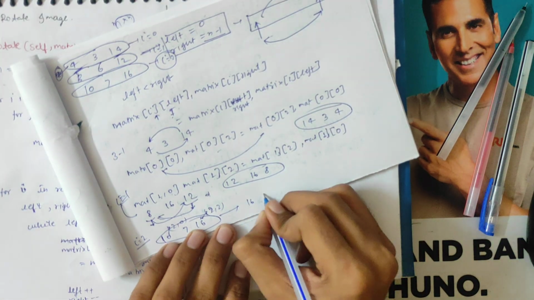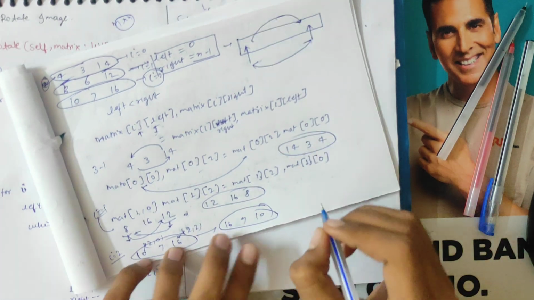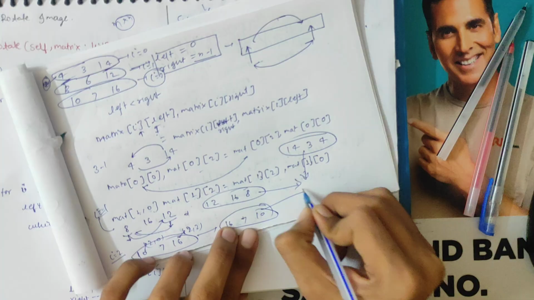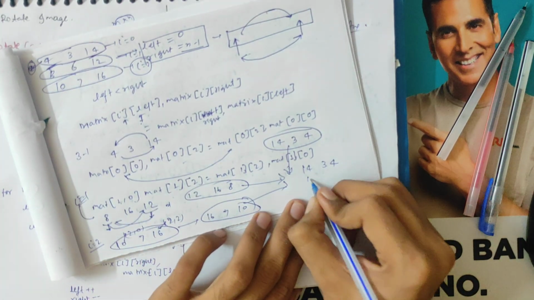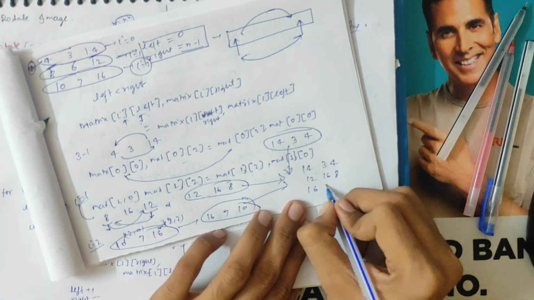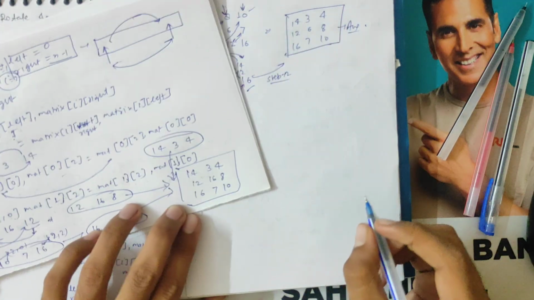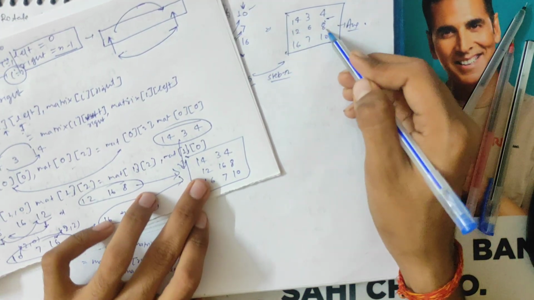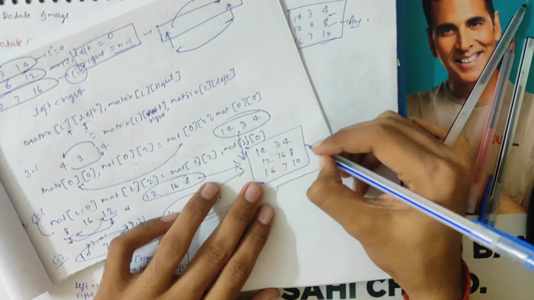So 16, 7, 10 will be our third row. Now you see we have reached our answer, which is 14, 3, 4, 12, 16, 8, 16, 7, 10. So this is our answer.